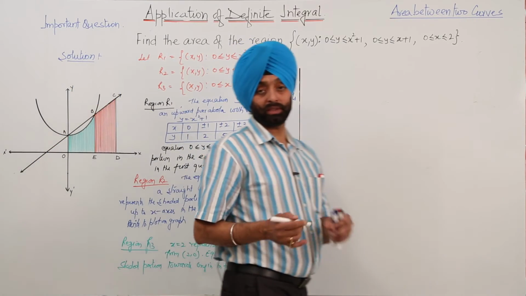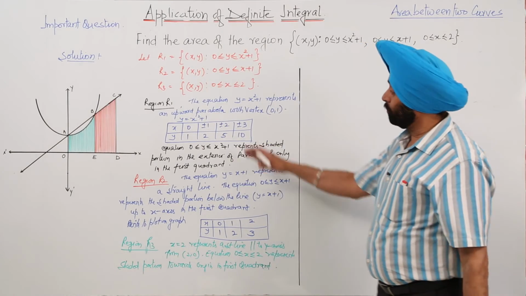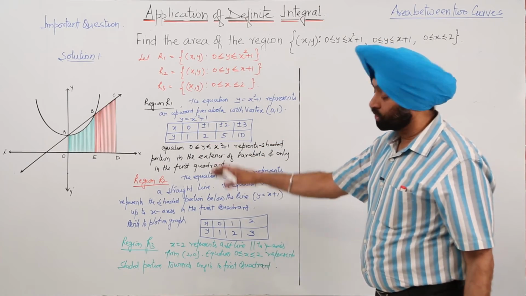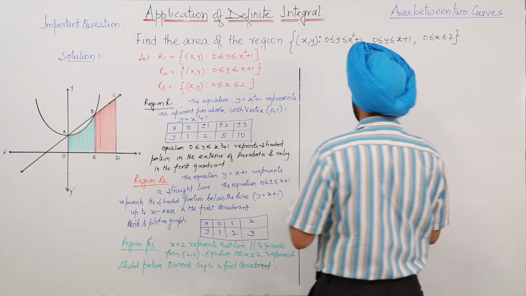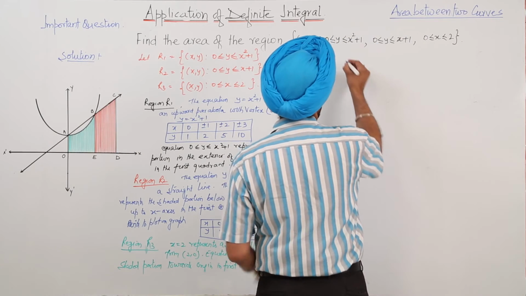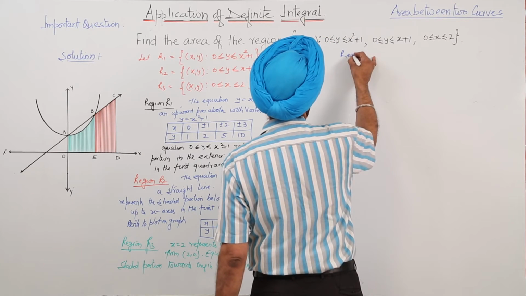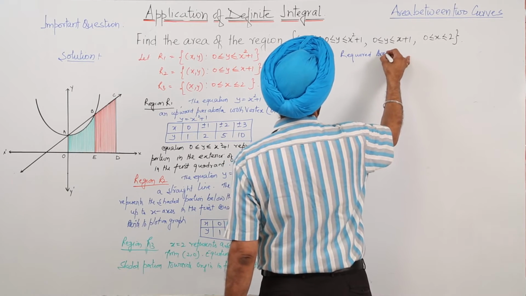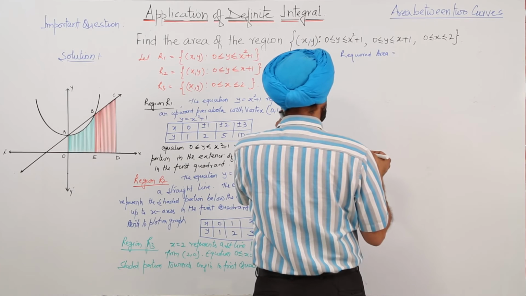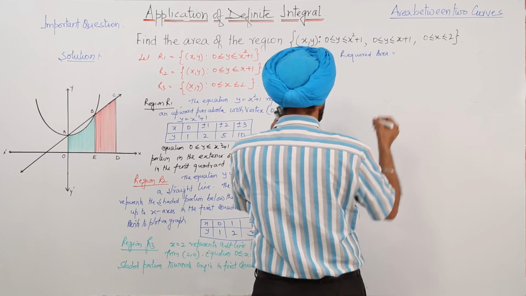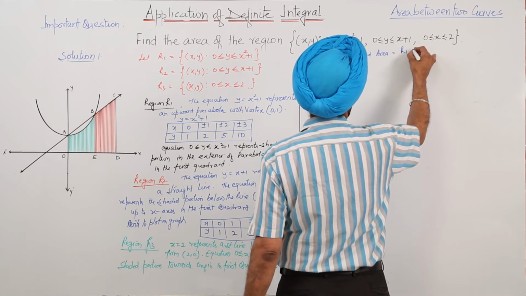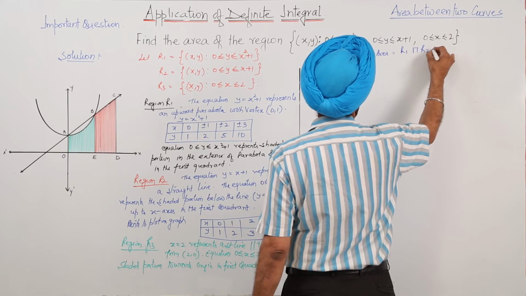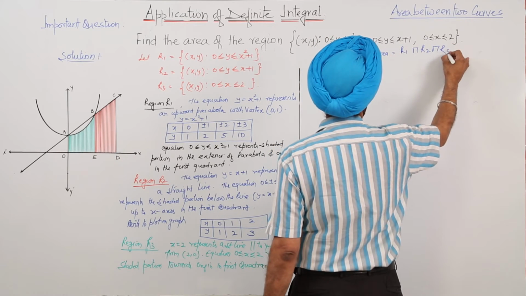Okay, so these are the three I have described: region 1, region 2 and region 3. Now, the required area is equal to R1 intersection R2 intersection R3.